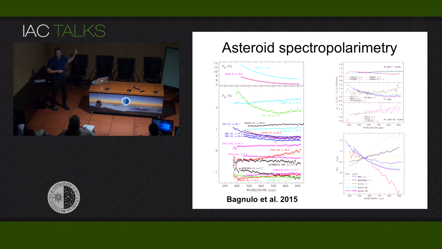What is that telling us? The authors here say that we are just about to experience something that was experienced when typical intensity spectrometry was introduced some years ago, or tens of years ago. Now we have the possibility to do polarimetric spectra, and we do not have a clue how to interpret that.